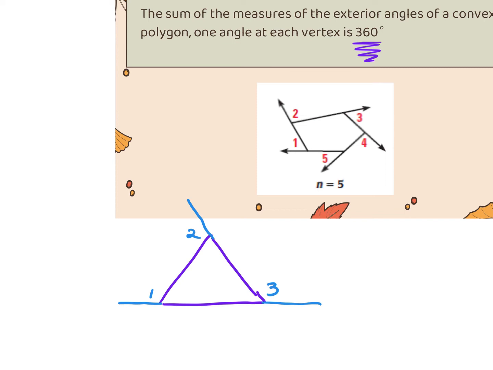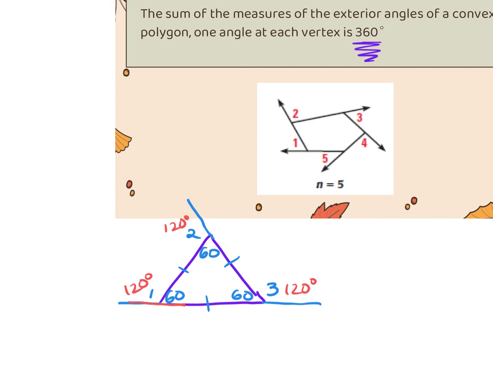Now, let's say the triangle I drew here was regular, meaning that it's equilateral and equiangular. So each angle would be 60. And notice each exterior angle, these are supplements. So each exterior angle here would be 120 degrees.